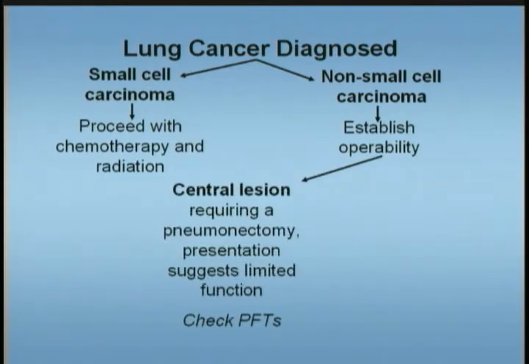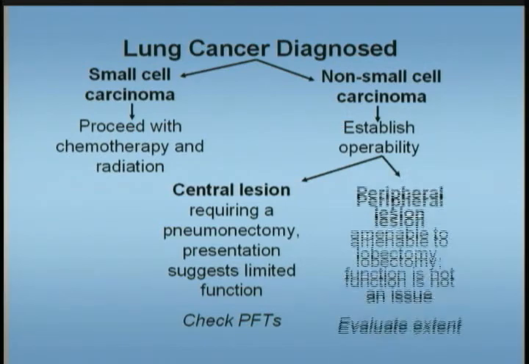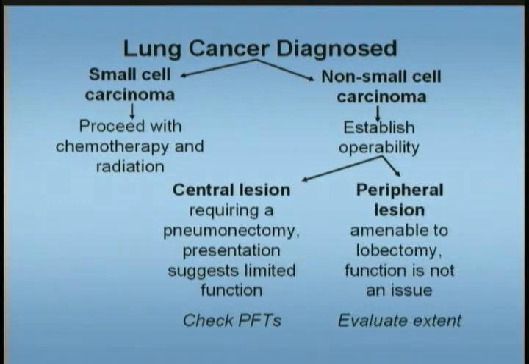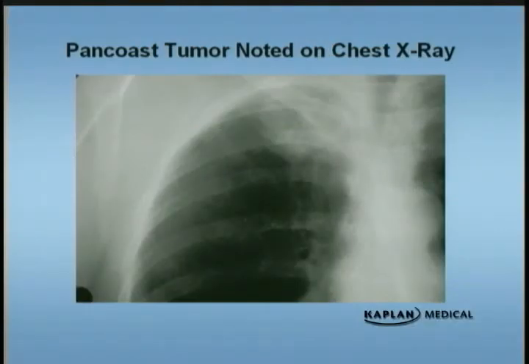If it is a central lesion that would require pneumonectomy and the presentation suggests limited pulmonary function, the thing you want to do next is check pulmonary function tests. But if it is a peripheral lesion, which is amenable to lobectomy, where function is not an issue, then you begin by evaluating the extent of the disease.